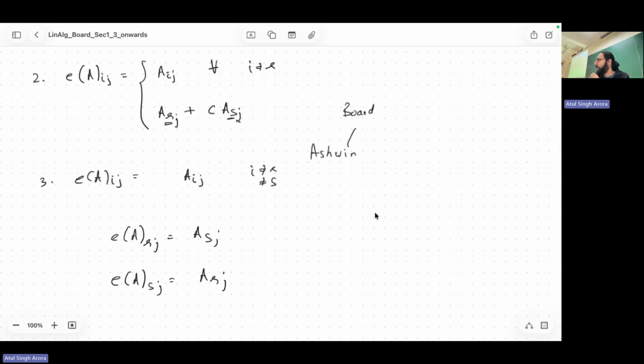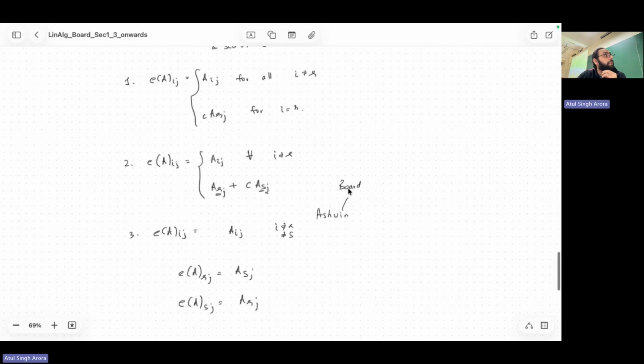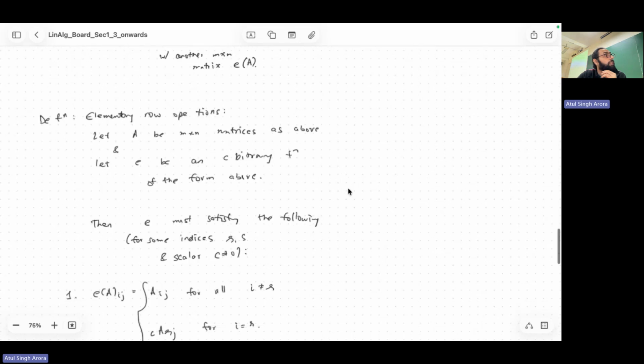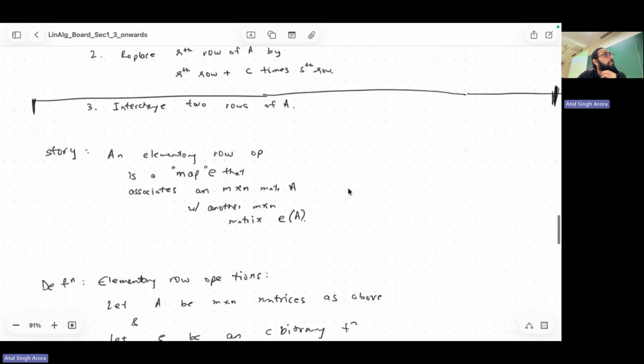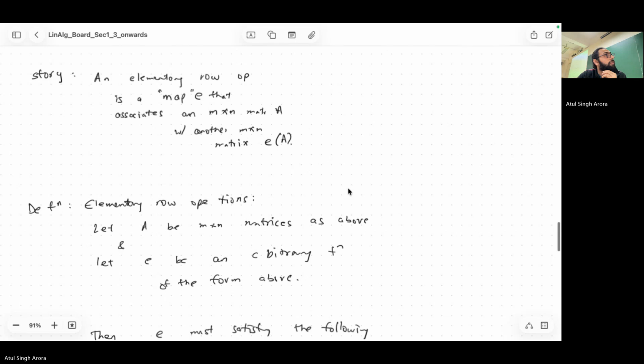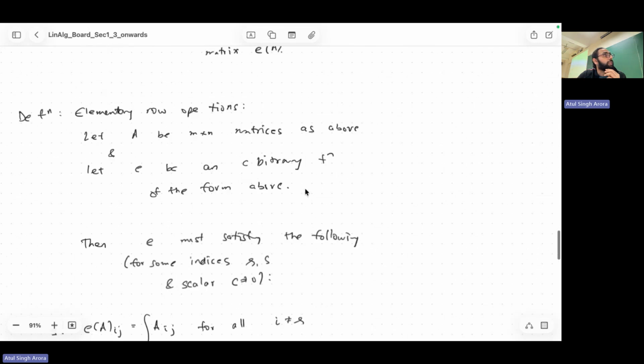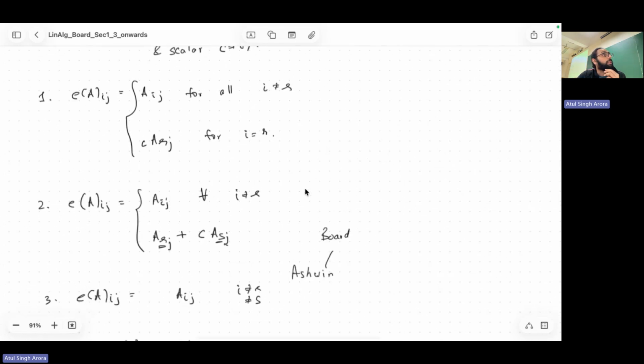Right, so this is just getting you familiar with writing indices and all these things. So this part is just capturing what we already had in the beginning, right? So we said here these are three operations, right? Oh, where are they? Oh yeah, here. So these were the three operations, right? You can multiply by a scalar, you can swap, and then you can keep the row plus add c times some scalar, right? So I'm just writing the same thing again, but more formally, right?